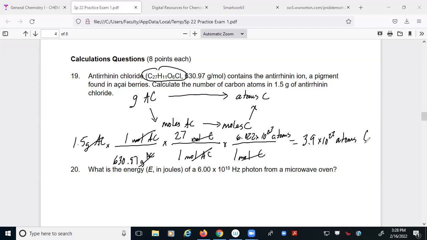So make sure that you're aware of that. Make sure that before you move on to that next problem, your answer makes at least a little bit of sense. We're talking about atoms, it should be a big number. We're talking about molecules, it should be a big number. We're talking about moles or grams, the number should be relatively smaller.